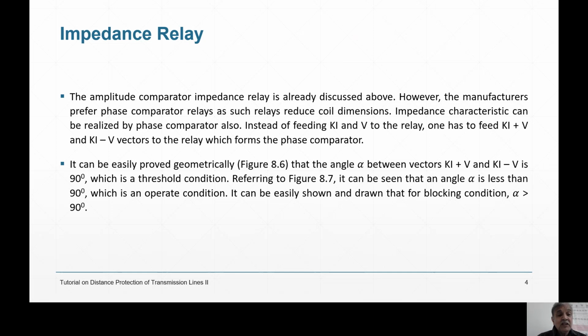And this can be proved mathematically, no doubt, but I have not proved it here. In Van C. Warrington, the Bhishma Pitamaha of power system protection, I don't know the year in which he wrote the book, 1900 and something.